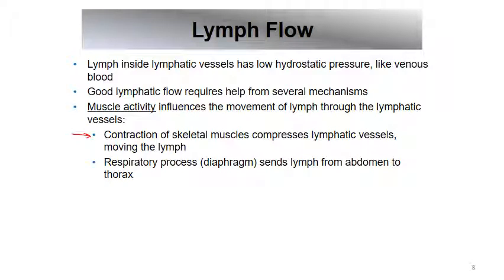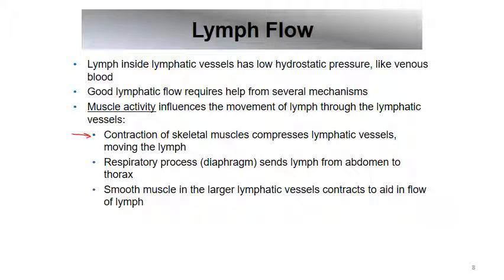Respiratory process is another one. So the diaphragm, when it moves, contracts, it helps to push the lymphatic vessels, squeeze them. There's also smooth muscle in the larger lymphatic vessels, in the walls. And so when the smooth muscle contracts, it aids in the dispersal of the lymph. And there are also valves inside the lymphatic vessels to prevent the backflow.